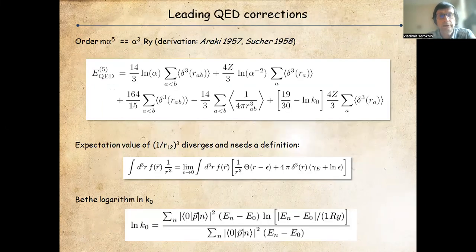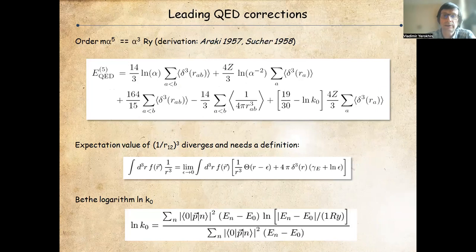The next step is the leading QED correction, and it is of order m alpha to the 5. The formulas are also known for a very long time, and in them we have several new features.